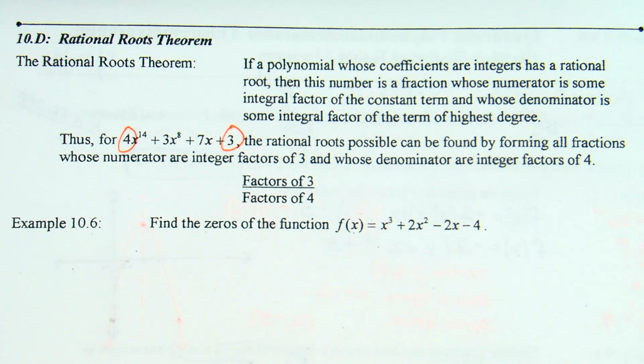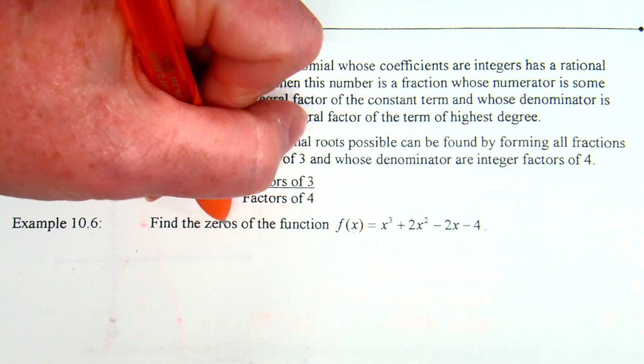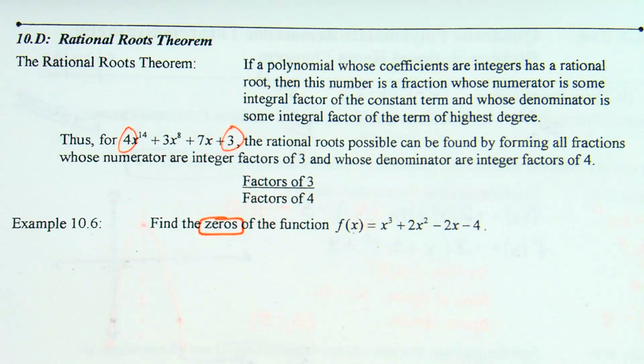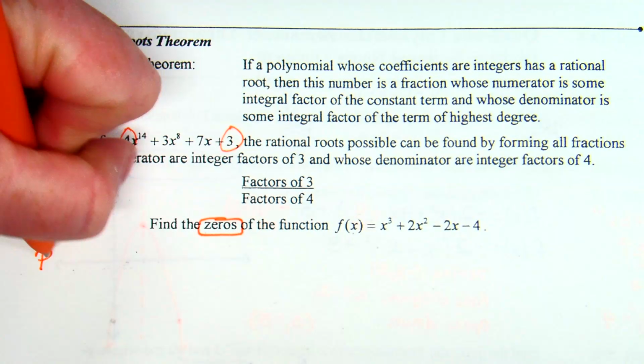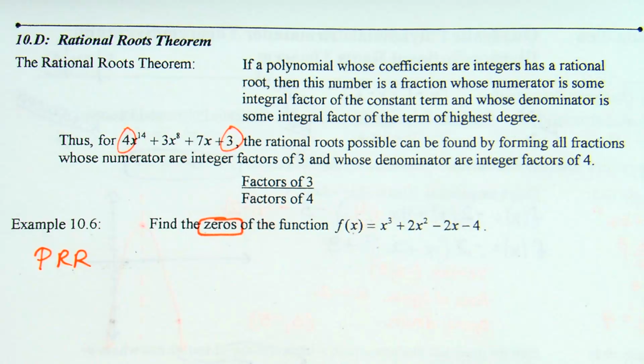Okay, so example 6 says to find the zeros of the function. And the idea here is you're doing this without a graph, right? We're not cheating and going and looking at the graph because that would tell us what any zeros are. Thank you, Kaylee. So we're going to start, and I usually said we called them PRRs, possible rational roots, or potential rational roots, depending on the terminology.